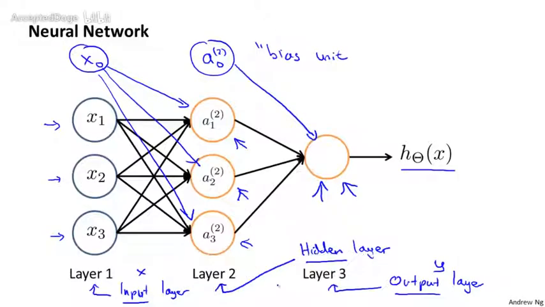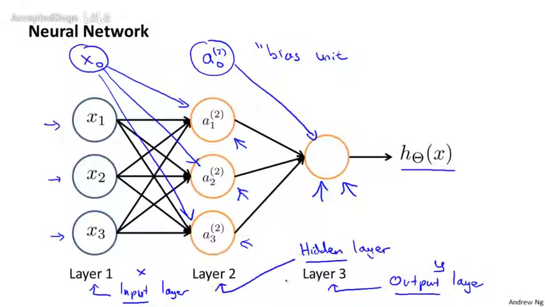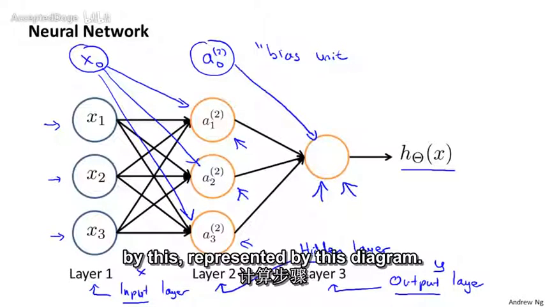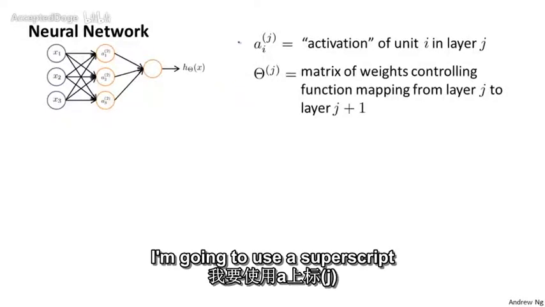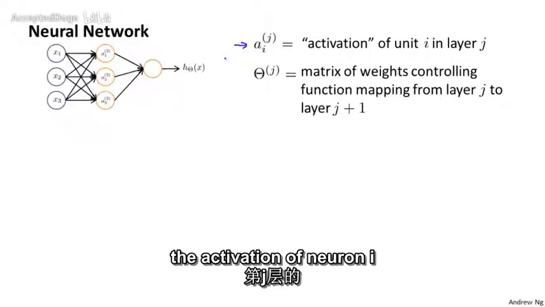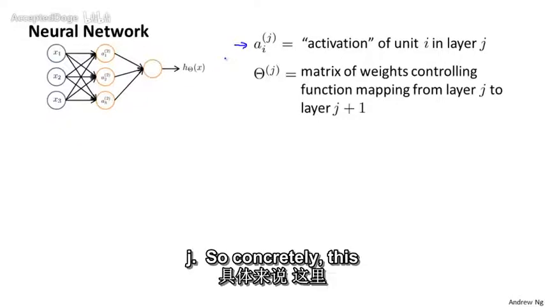So I want to be really clear about what this neural network is doing. Let's step through the computational steps represented by this diagram. To explain the specific computations represented by a neural network, here's a little bit more notation. I'm going to use a superscript j, subscript i to denote the activation of unit i in layer j.